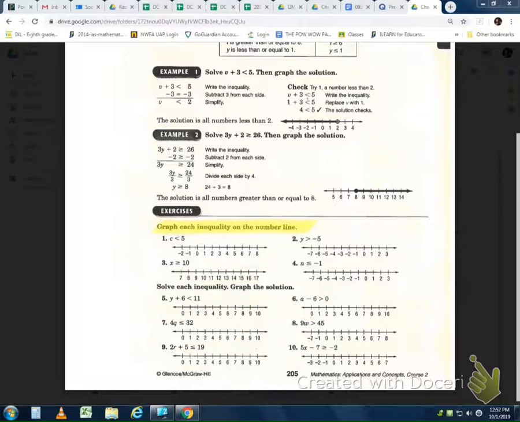If C is less than, does less than get the open or the closed circle? What's it say if it's less than? Open. So you go to 5 and you would put an open circle. Since C is less than 5, 5's not included. It's everything below 5, but 5 isn't included.